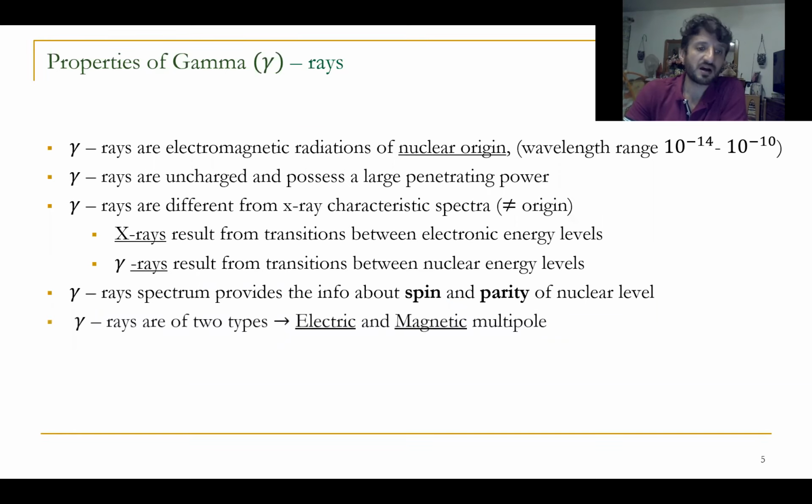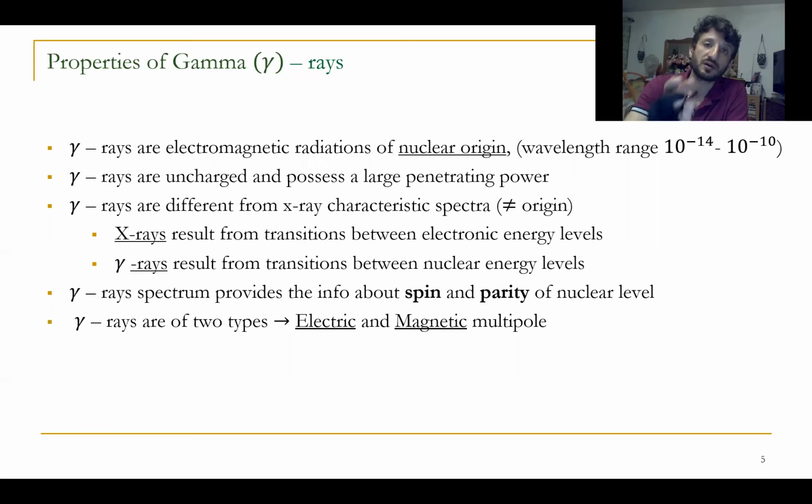Gamma rays are of two types. Here let me classify gamma rays into electric multipole rays and magnetic multipole rays. In the next slide, I will explain in detail how we can find the electric multipole ray or the magnetic multipole ray.